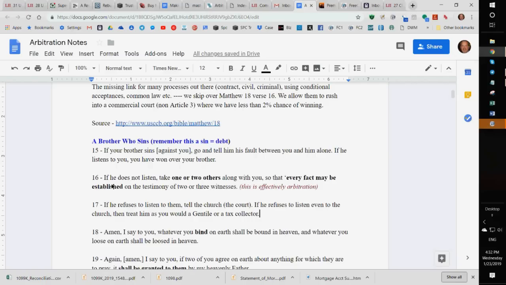And if you don't get too far off in sovereign land and patriot land on them and simply just bring them down to the procedures they have to follow, they tend to comply. They follow commands. I learned a lot of this in the self-help lawsuit course, that you don't have to get off on some of those nonsense issues. Just simply focus on what they're supposed to follow and hold them accountable, and there are proper ways to do that. So it says, if he does not listen, take one or two others along with you, so that every fact may be established.